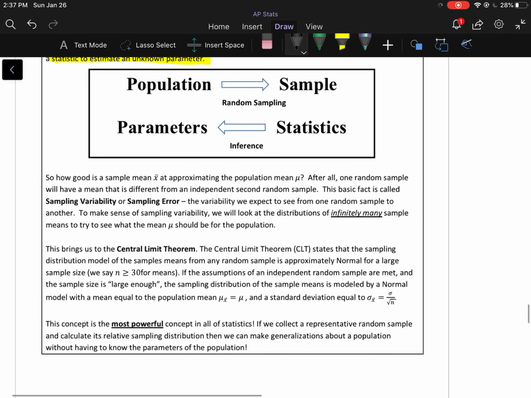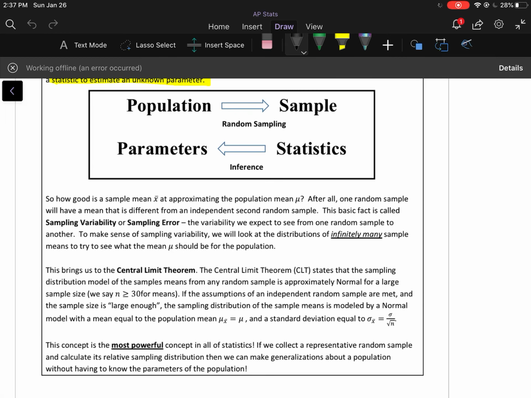So how good is a sample mean x bar at approximating the population mean mu? After all, one random sample will have a mean that is different from an independent second random sample. So what this part means is that the mean from one sample is different from the next.